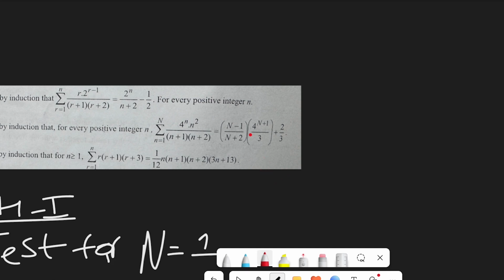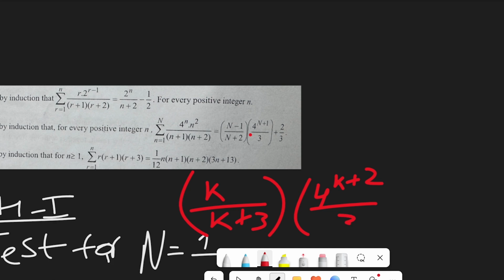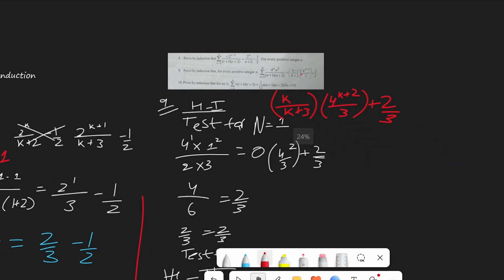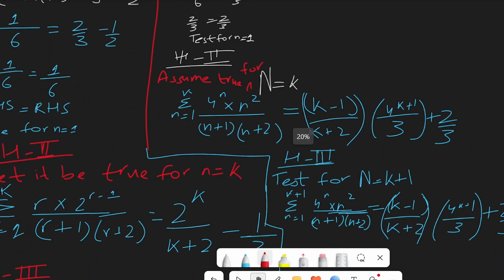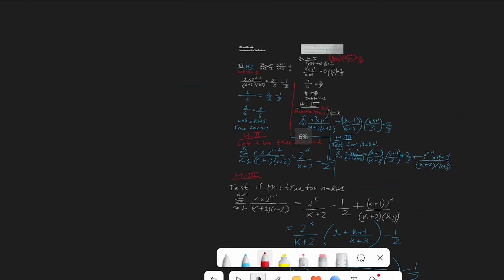It would be k plus 1 minus 1, which would be k, over k plus 1 plus 2, which is k plus 3, 4 power k plus 1 plus 1, which is k plus 2, over 3, plus 2 over 3. That should be your answer, guys. If you don't get this answer, just DM me and I'll make sure not to respond. I mean, I will respond. Of course, I will.